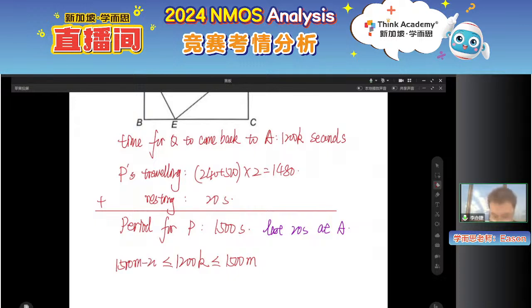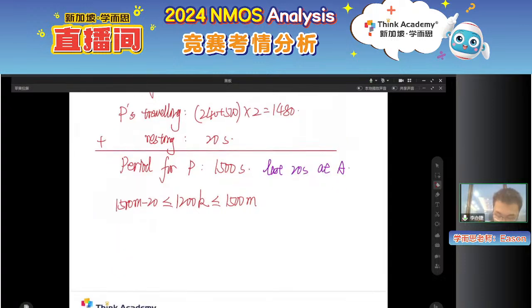That is the time period for P and Q to both be at A for the first time. So maybe just try the numbers. Firstly, 1200, not possible. 2400, not possible. 3600, 4800, no.